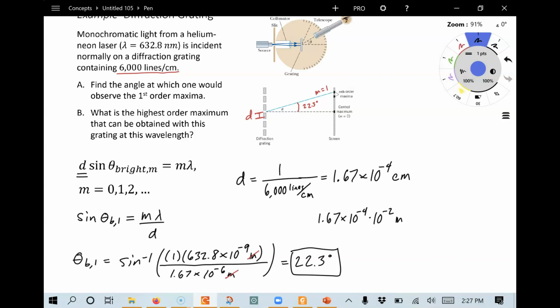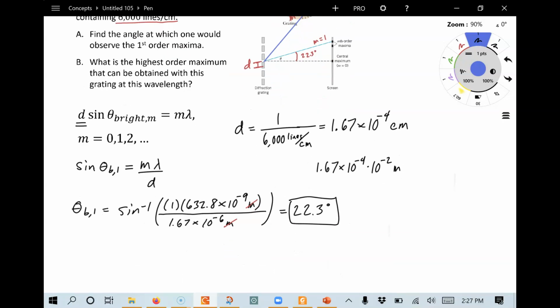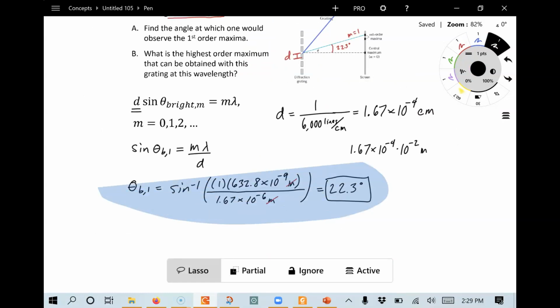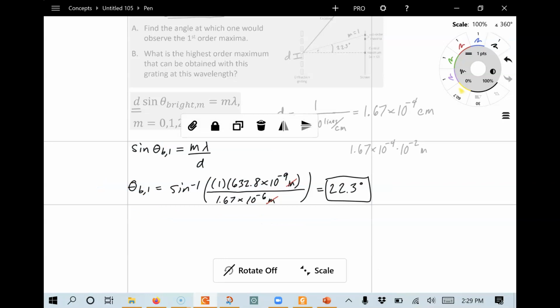Maybe we have another one here, m equals 2. How far can we keep going until we go beyond 90? We can't go beyond 90, so we're going to set the angle to 90 when we're calculating what the m value will be.